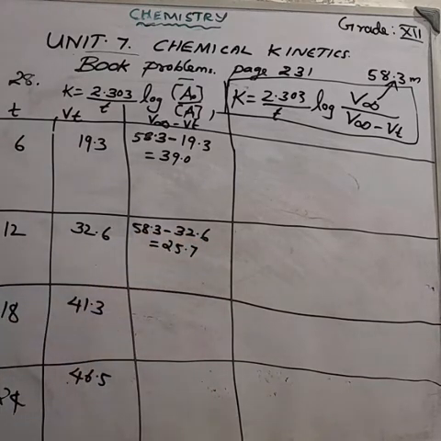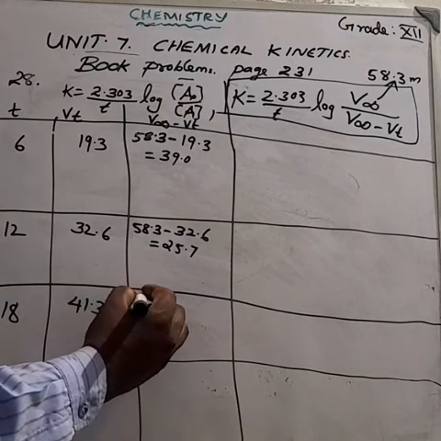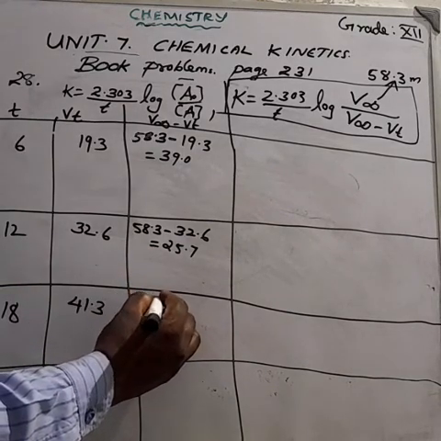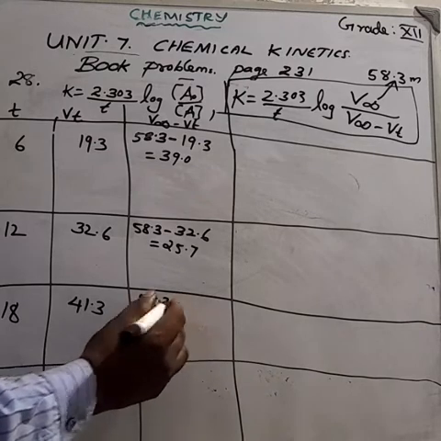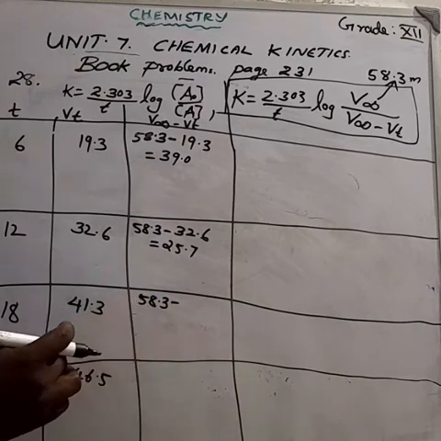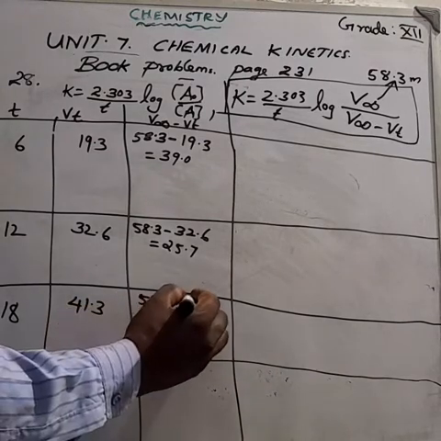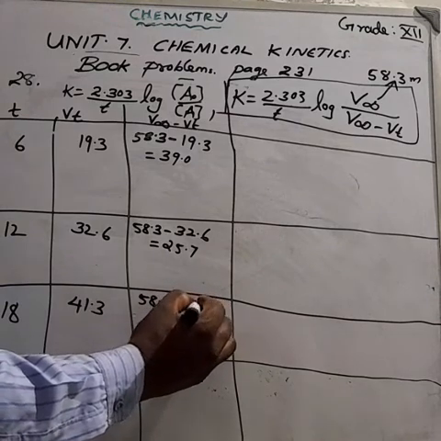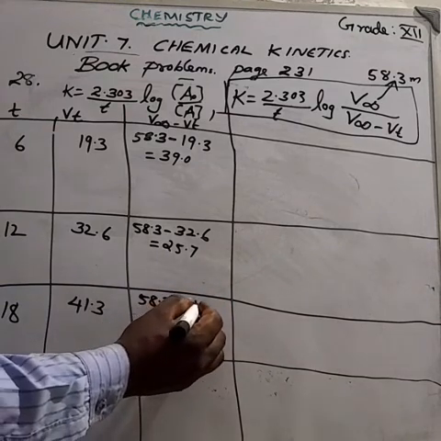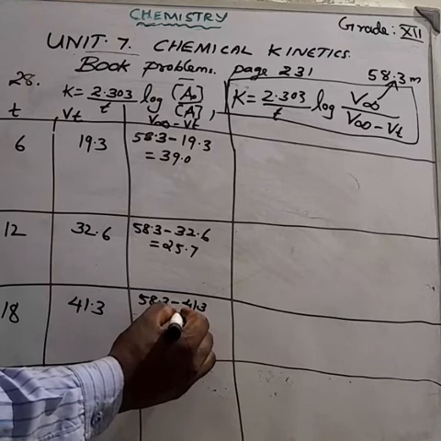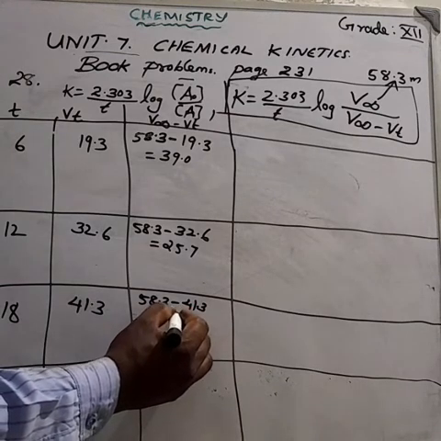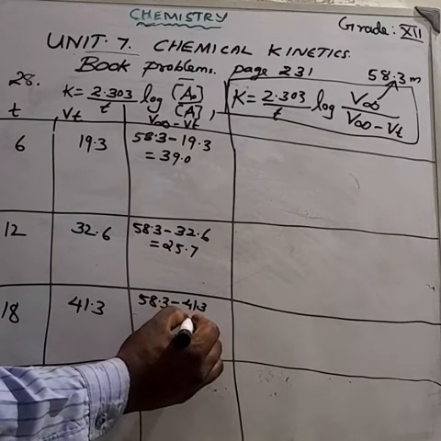For 18 minutes, 58.3 minus 41.3 is equal to 17.0.